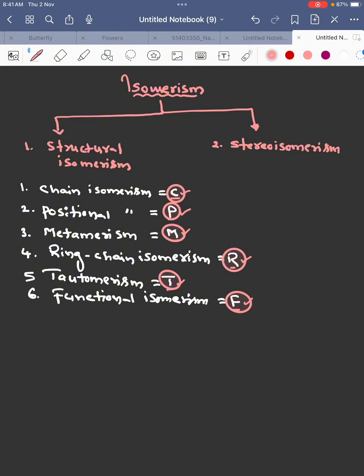Coming to stereoisomerism, it is again two types. First is called configurational isomerism.